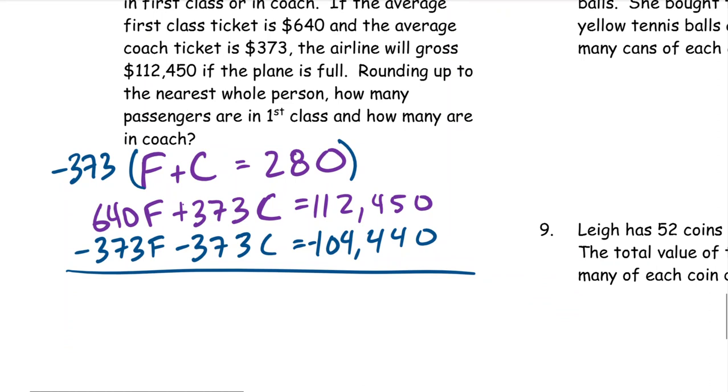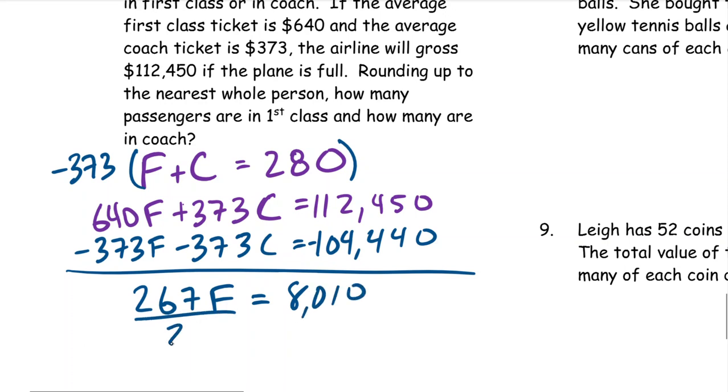So we get 640 minus 373 is 267. So 267f equals, and then 112,450 minus 104,440 is $8,010.